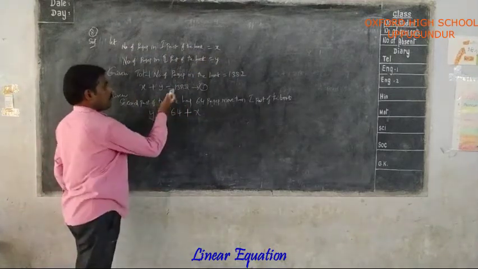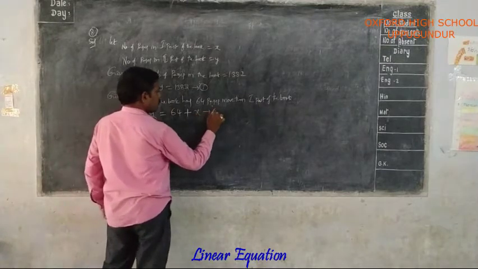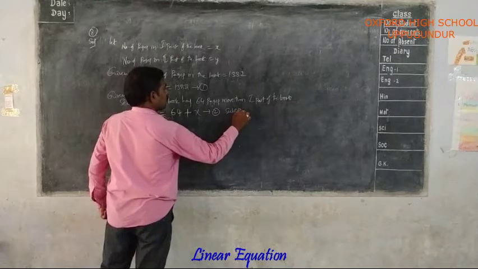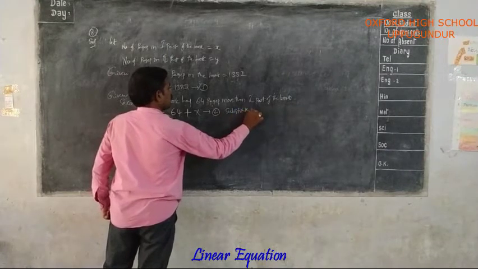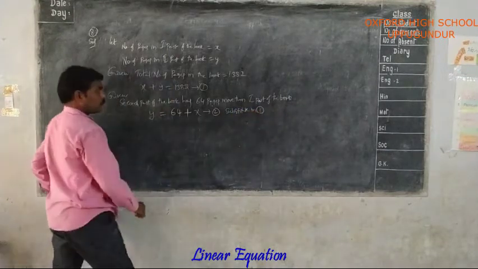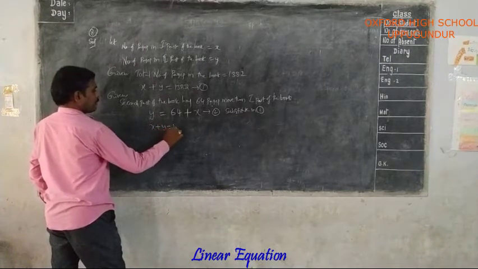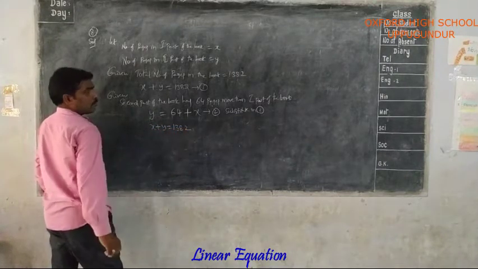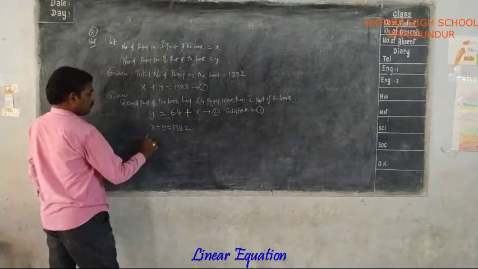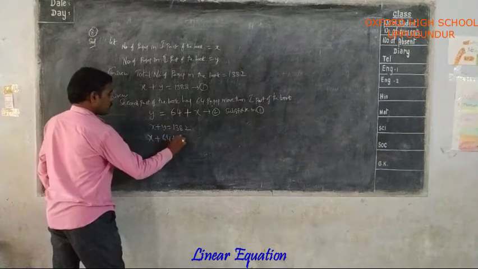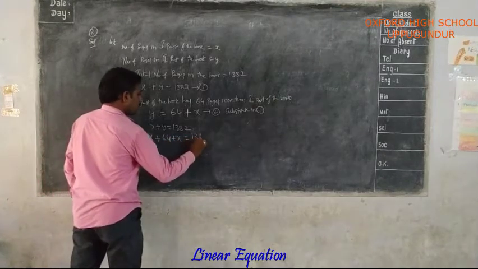Now substitute this value in the first equation by the substitution method. What is equation 1? X plus y equal to 1382. Y equal to x plus 64, so in place of y you can replace 64 plus x equal to 1382.